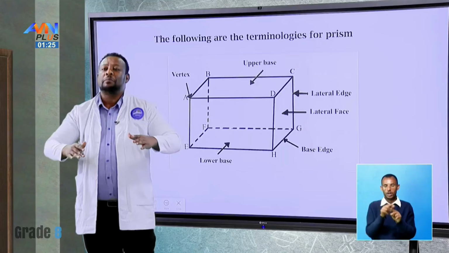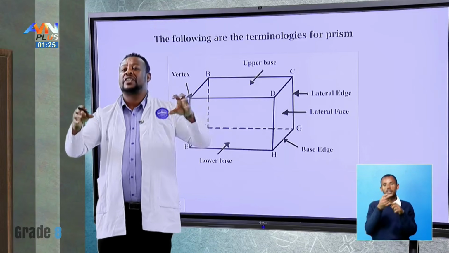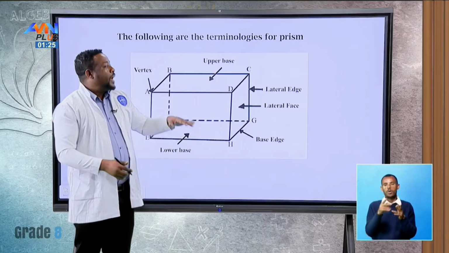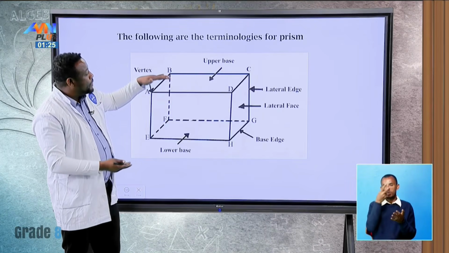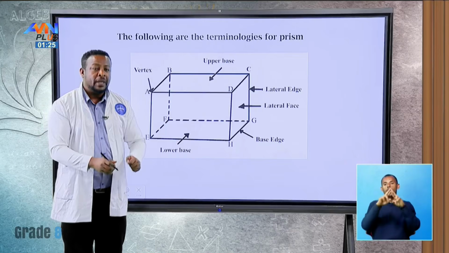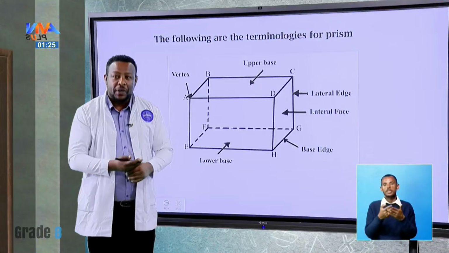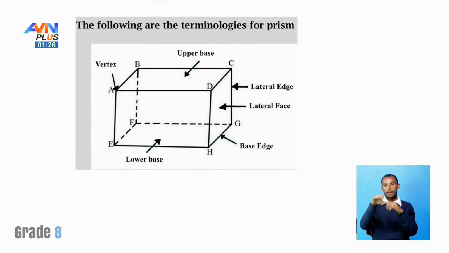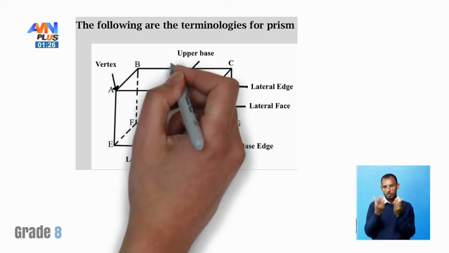You need to be familiar with the different terminologies in different solid figures. Here we have a solid figure called a rectangular prism. In this rectangular prism, we have an upper base, which is the upper rectangular region.